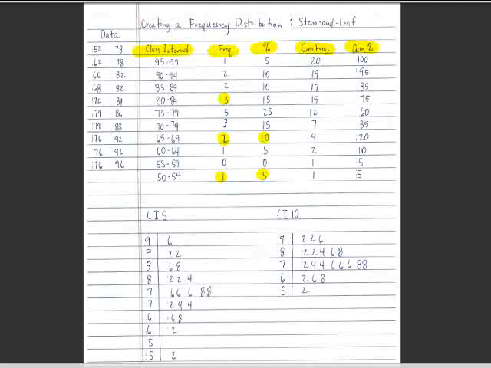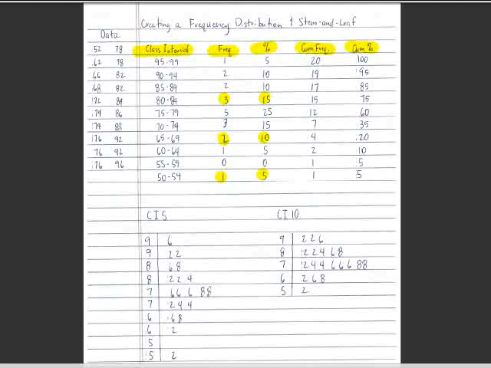That was calculated by 2 divided by 20. And jump on up. In the 80 to 84 class interval, 15% of the scores were found there, 3 divided by 20.